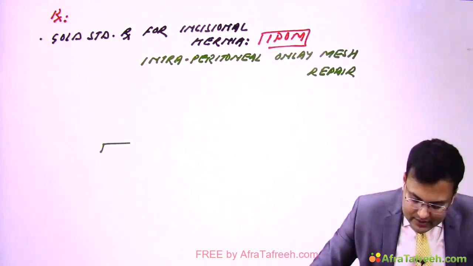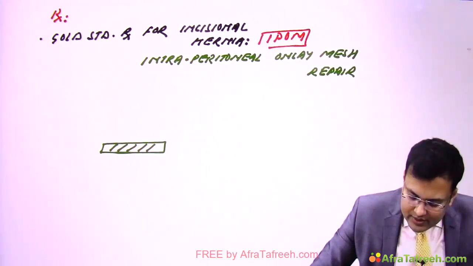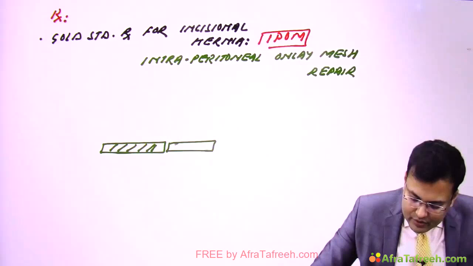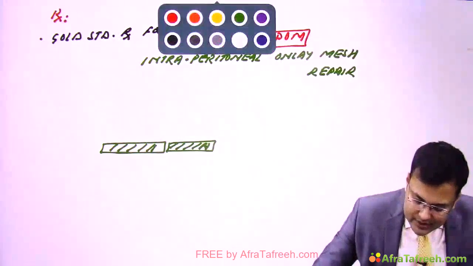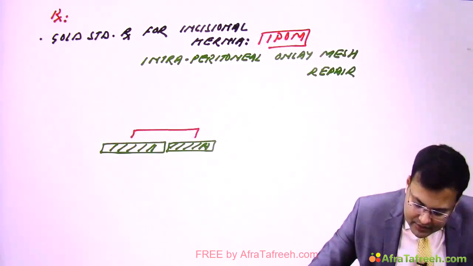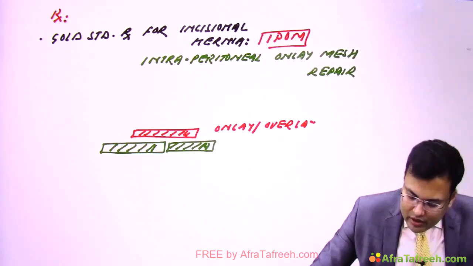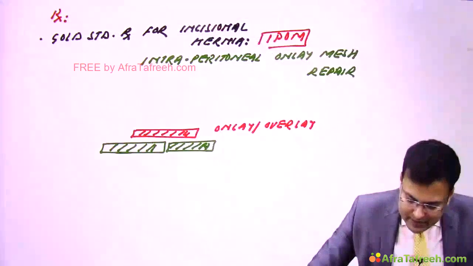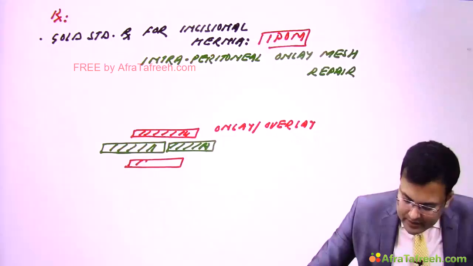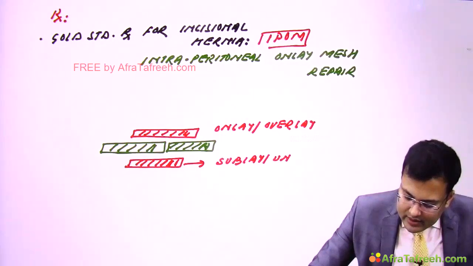Imagine that this is the sheath. We close the sheath, and after closing it you put the mesh above the sheath: this is onlay or overlay. If we put the mesh below the sheath, this is sublay or underlay.